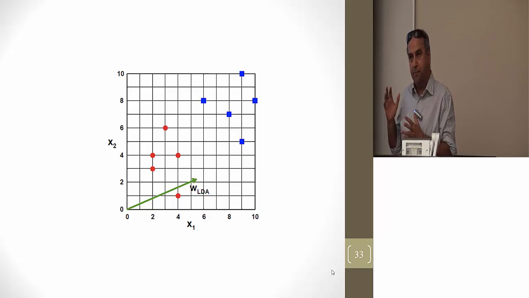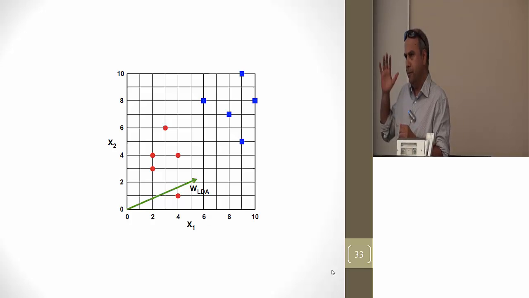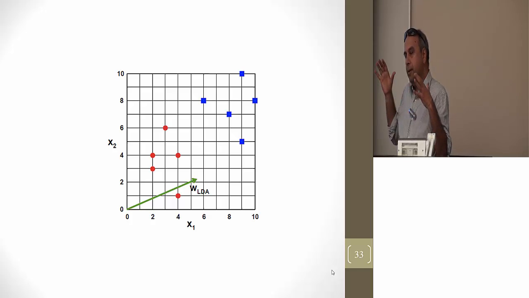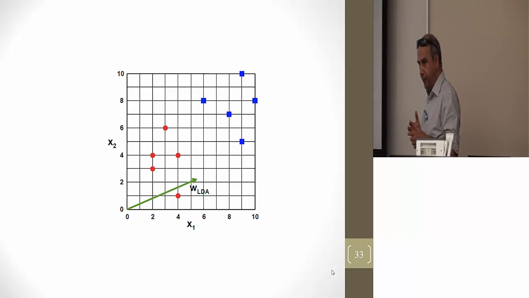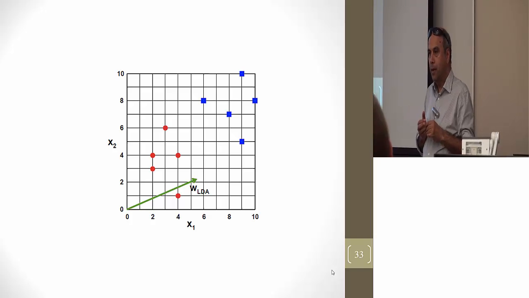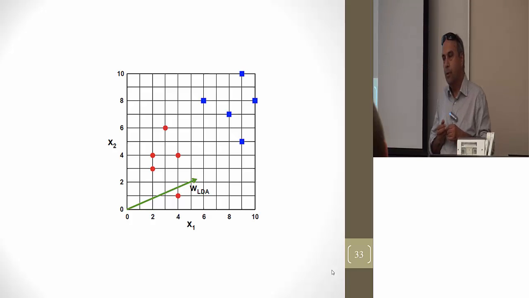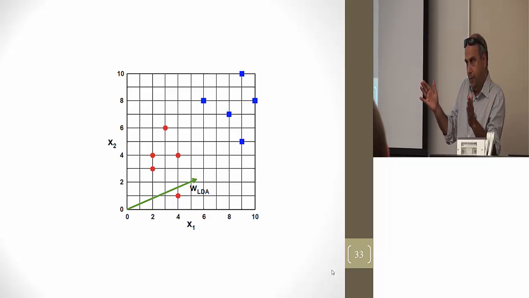LDA is very old. Actually, the Fisher paper is from '63 or something, a long time ago. So it's typical pattern recognition work. This approach to discrimination, classification, is called the generative approach. The SVM, if you look at it, also finds a way of separating two classes, but it's a very different approach.